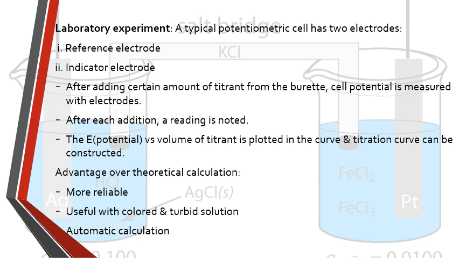Then we prepare the analyte solution. We measure a known volume of the analyte solution and place it in the titration vessel. This solution contains the species whose concentration you want to determine. Then we choose a suitable titrant.